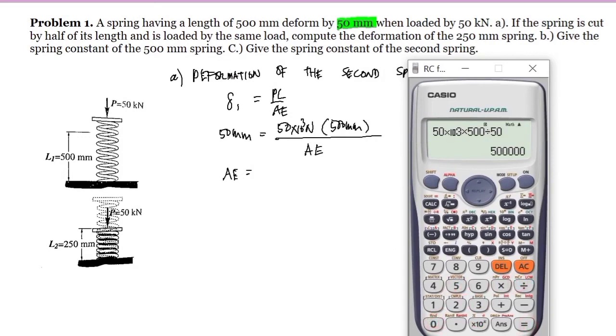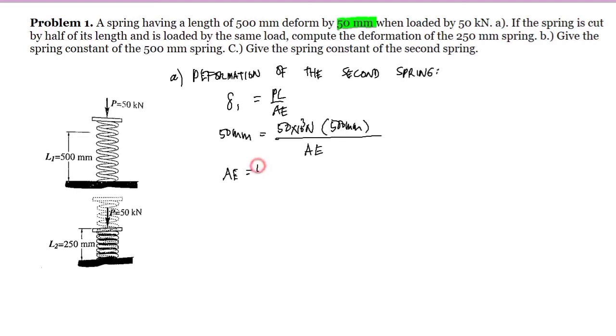This is equal to 500,000. The unit is Newton. So we have AE equal to 500,000 N.